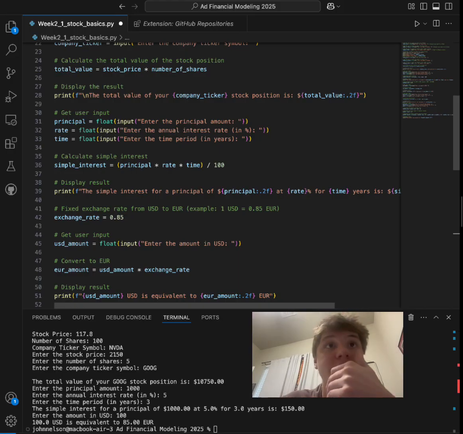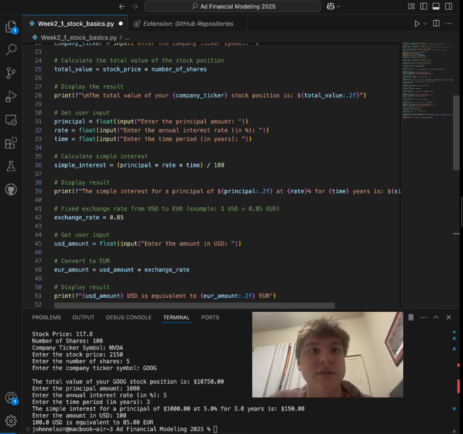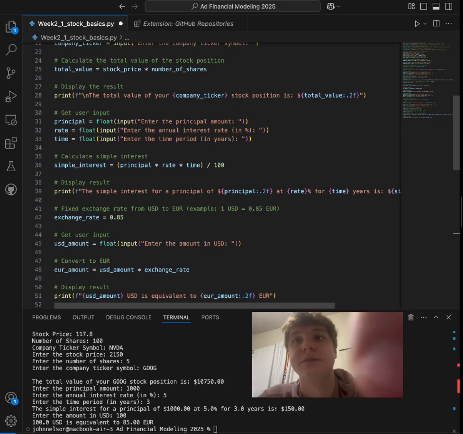Then we have number sign, display results, print the simple interest for principal of principal amount at rate percentage for time in years is whatever the number is. And as we can see, it comes out to the simple interest for the principal of $1,000 at 5% for 3 years is $150.